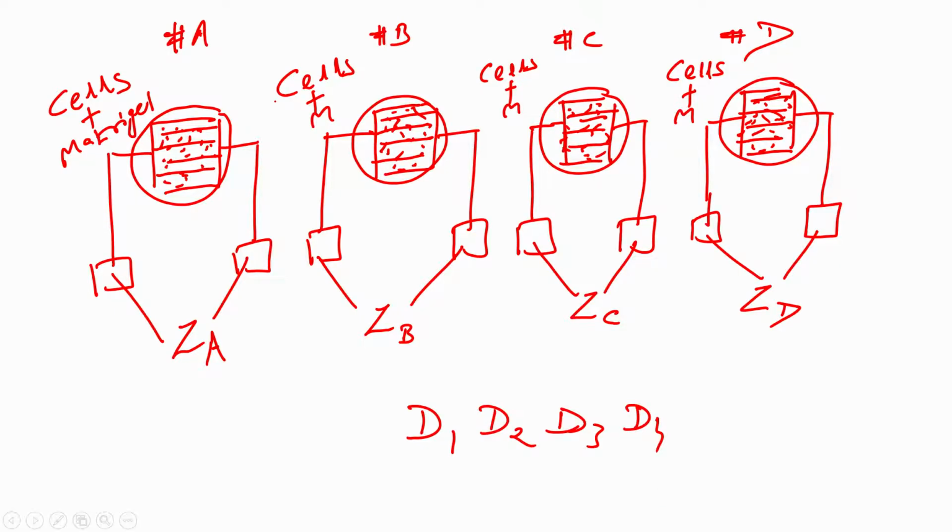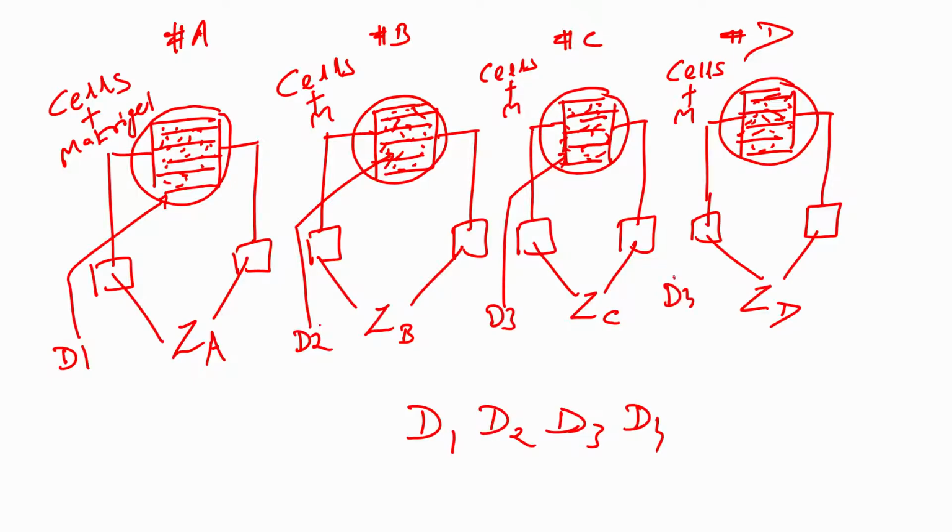These cells are from the same patient, and assuming that these are all cancerous cells, if I load drug 1 here, drug 2, drug 3, and drug 4 in chip number D.